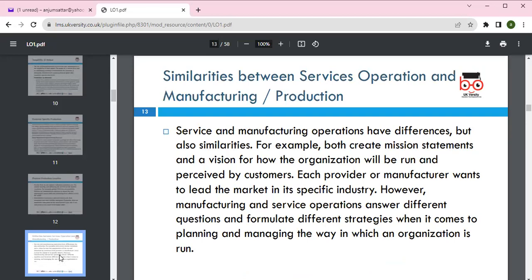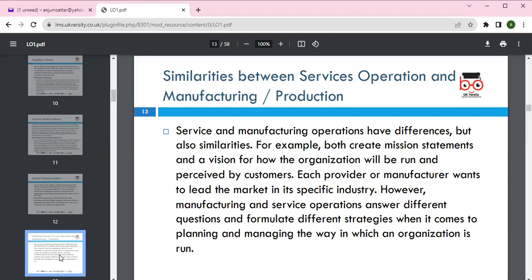Okay, similarities between service operations and manufacturing. Service and manufacturing have differences, and also similarities. For example, creating a mission statement, and how the organization will run and provide services to the customer. Each service provider and manufacturer wants to lead through the market in a specific industry.